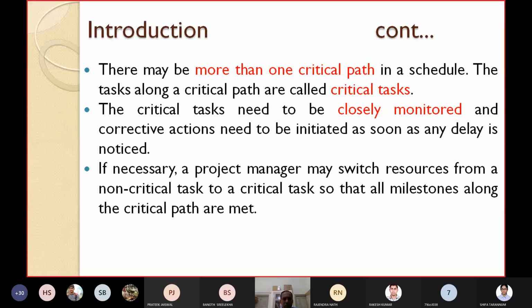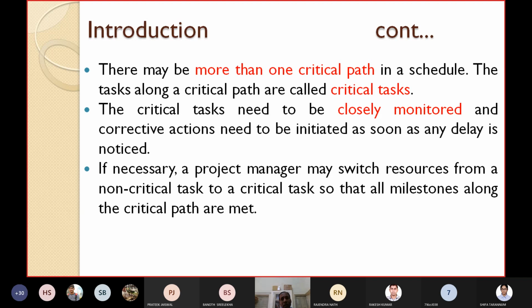The critical tasks need to be closely monitored, and corrective actions need to be initiated as soon as any delay is noticed. If you find that any delay is occurring in the critical activities, you have to immediately take corrective actions so that the delay can be compensated, because you are finding that delay you are not able to control.